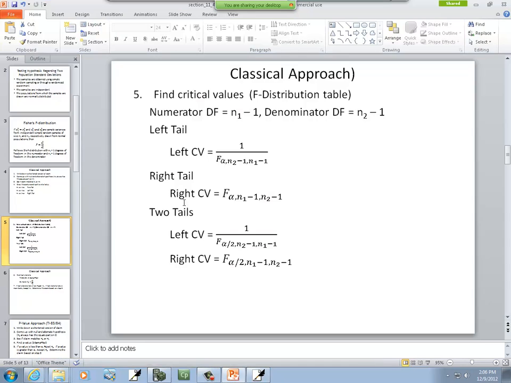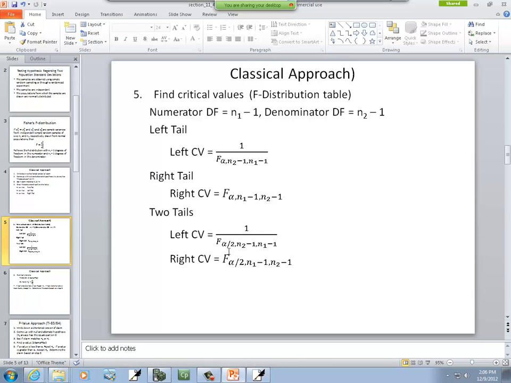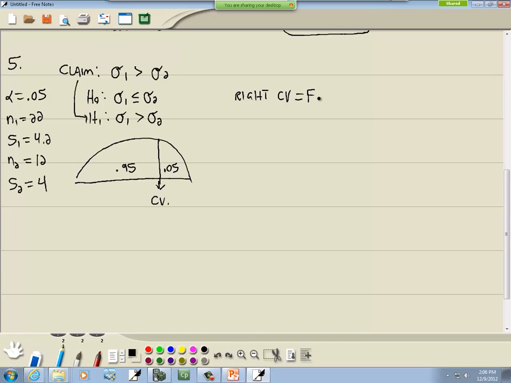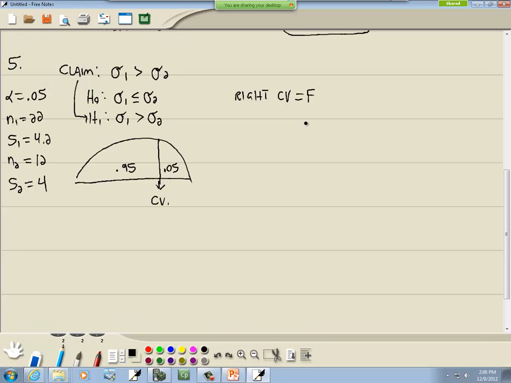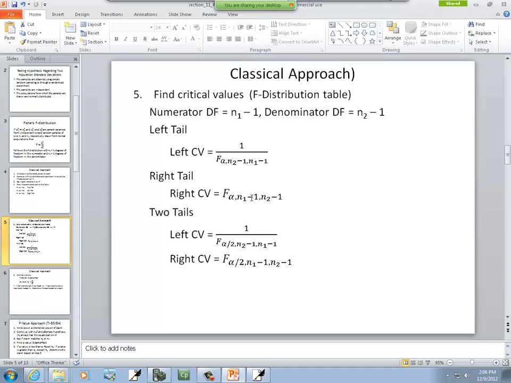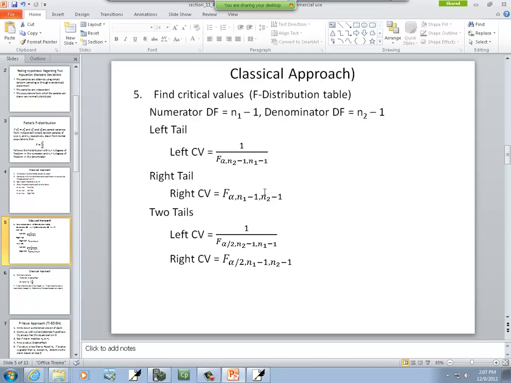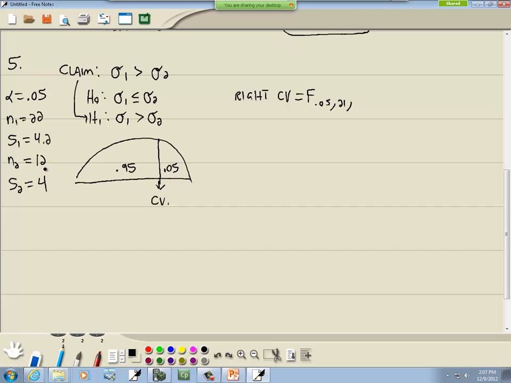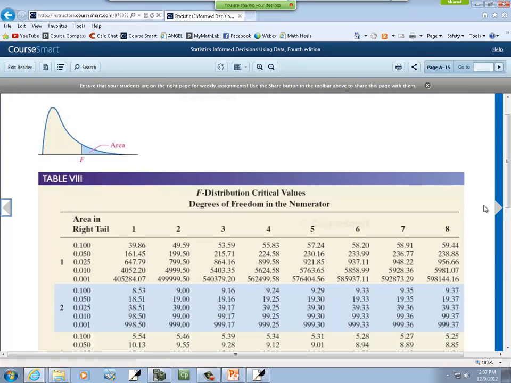We've got a right tail, so our right critical value is going to equal F sub alpha, which was 0.05, with n1 minus 1. n1 was 22, so subtracting 1 gives 21. And then n2 minus 1. n2 is 12, so this would be 11. So we're looking up 21, 11.